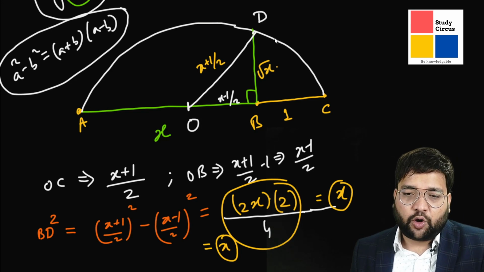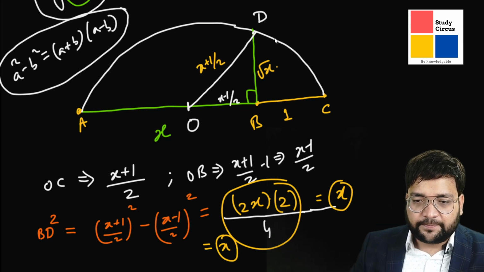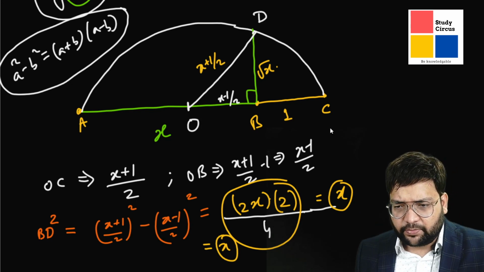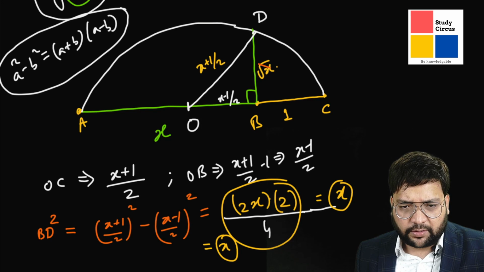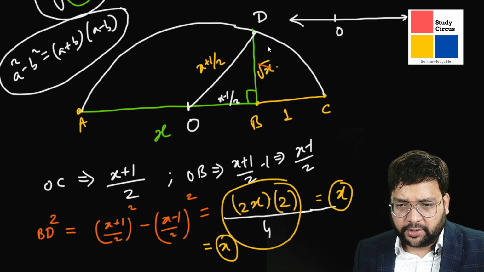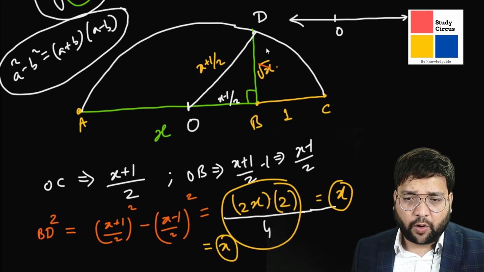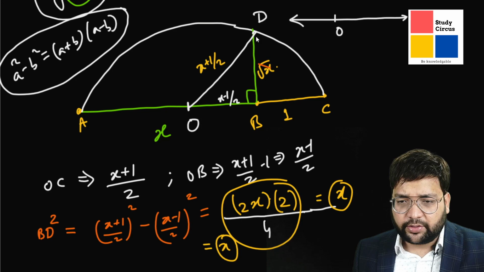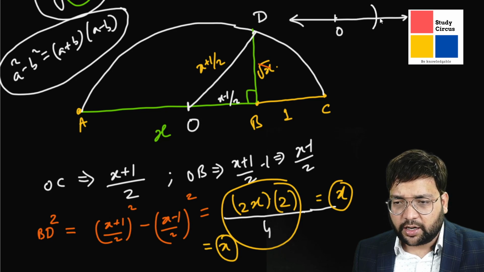So you can take a compass, measure that length BD, and then maybe this is your number line, this is your 0. Measure BD using the compass, and then just draw an arc of length equal to BD.